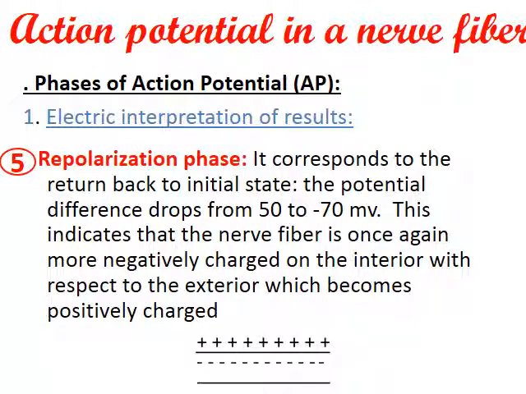Repolarization: when it comes back to minus, which corresponds to the return to the initial stage. This potential difference drops from 50 millivolt to reach minus 70. This indicates that the nerve fiber is once again more negative on the interior with respect to the exterior, which becomes more positively charged.